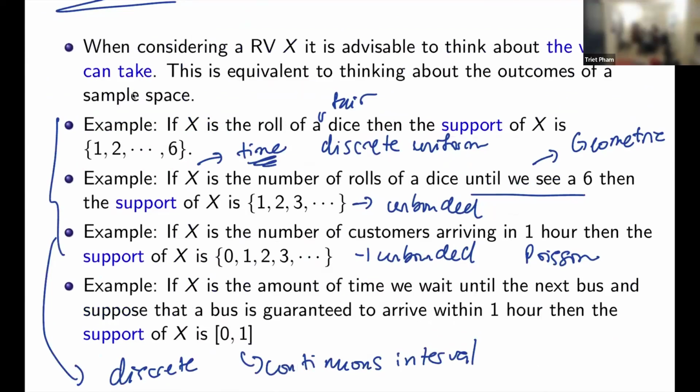A dice toss will be equally likely. But I hope it's intuitive that none of these two examples here are equally likely. At least intuitively, it's less likely for more customers to arrive. Well, I'm not so sure, maybe. But at least the numbers here don't have to have the same probability.